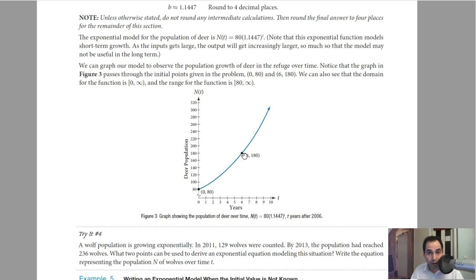But the goal of this exercise was to be able to come up with this formula, and we did that. So again, another thing that you can see here, the domain goes from 0 to infinity, the range goes from 80 to infinity, and that's it.